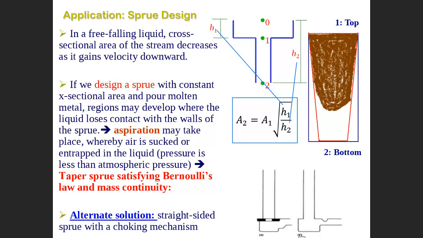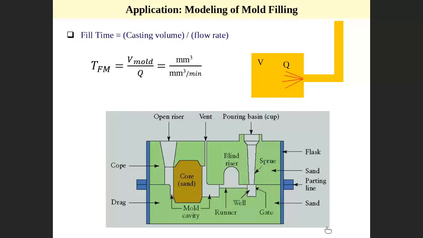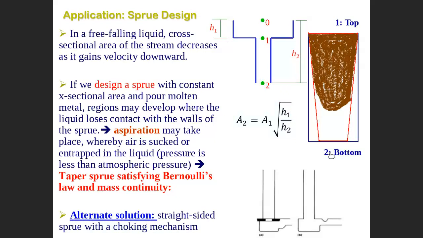When you look at the actual Spiro, you find it is tapered. It is not parallel sided. Can you see that? We usually create the Spiro as a taper, not parallel sided, because the area here is smaller than the area here. An alternative solution is what they call a choking mechanism.